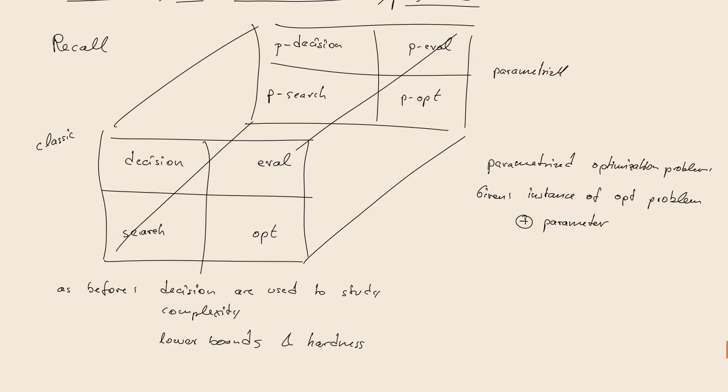And what's the goal then for the parameterized optimization problems? You find an optimal solution, big surprise, but only if there is one that's better than the parameter threshold. Than the one that you're given.